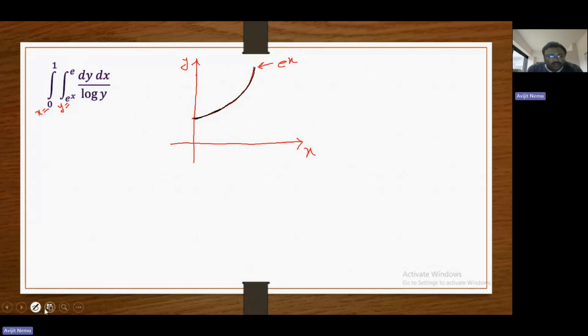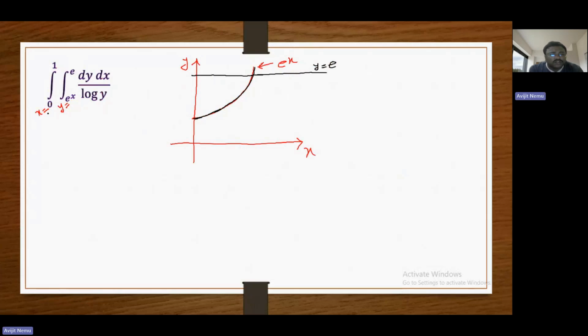For the upper limit of y, consider a value between 2 and 3. When y is constant, the line is parallel to the x-axis. So this is y equal to e.